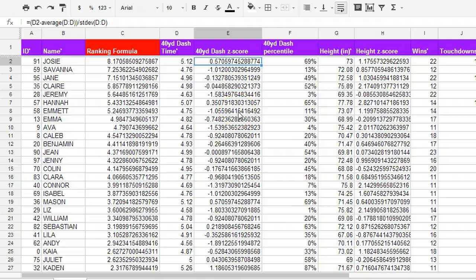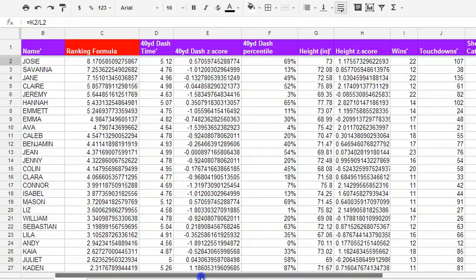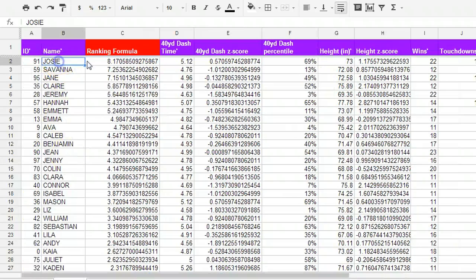It's a little bit worse than average because positive is worse than average. But her height is pretty good, which we valued a lot. And the short catching percentage is incredibly high, and that was something that we weighted to be super high. So at 91%, she has a very high z-score, and that is what shot her to the top.